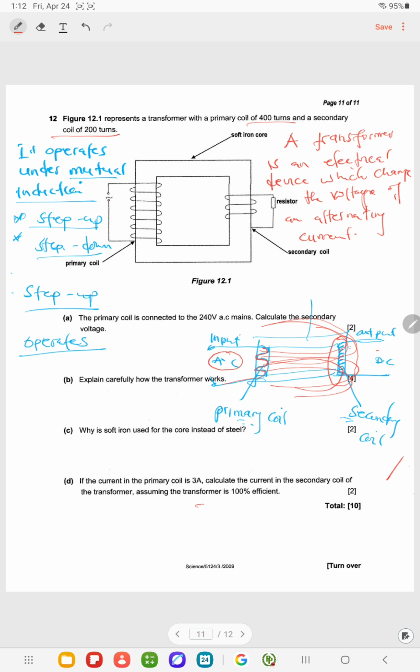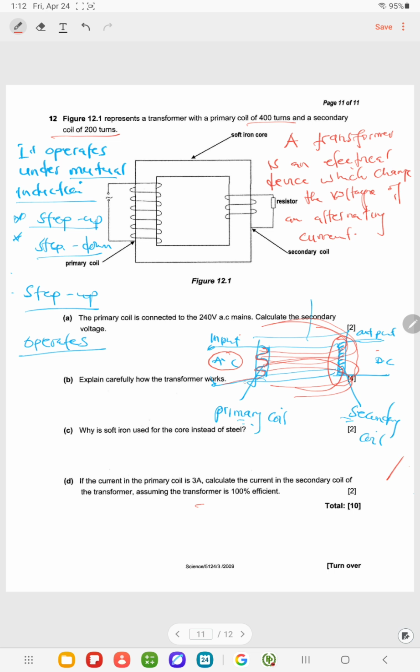It is this alternating voltage that will in turn induce the current in the secondary coil, and the current will be transmitted via the cables after being increased in terms of voltage or current. So the process, number one: the alternating current passes through the primary coil.